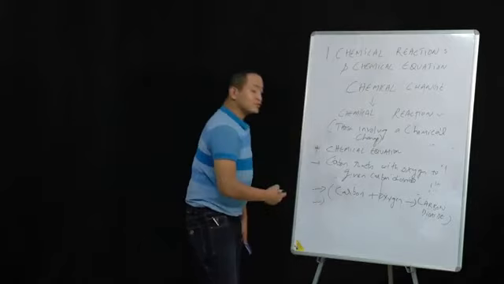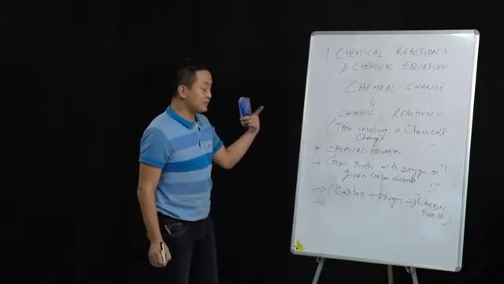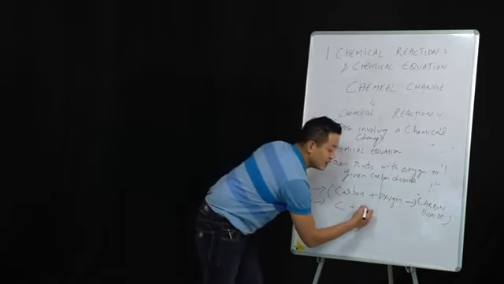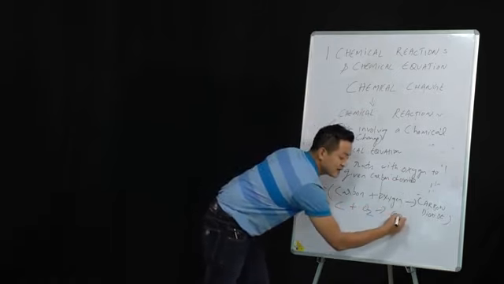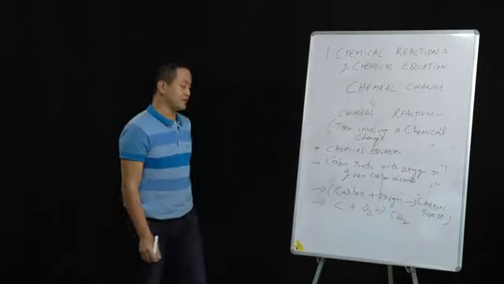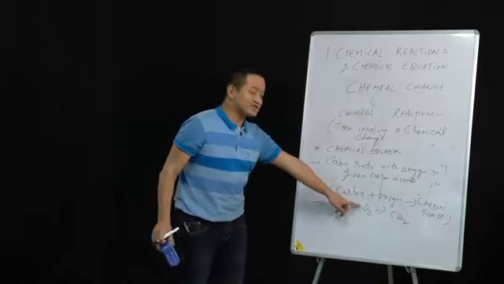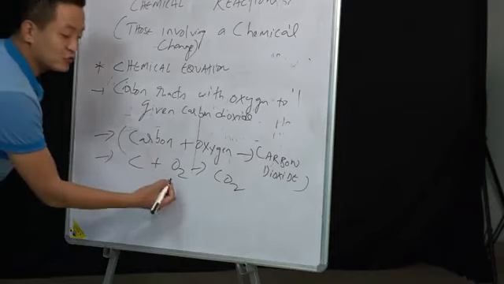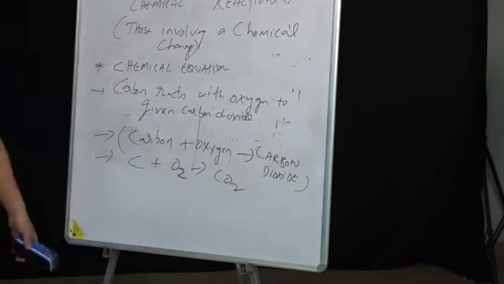Now we can simplify this again into a much simpler form by just writing carbon, oxygen, give carbon dioxide. Clear? Whenever you write oxygen, my dear students, you always have to write O2. Why?